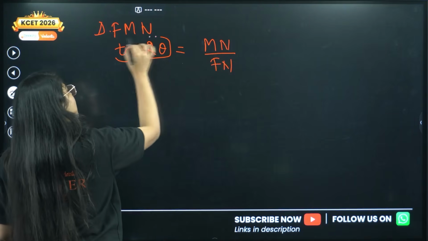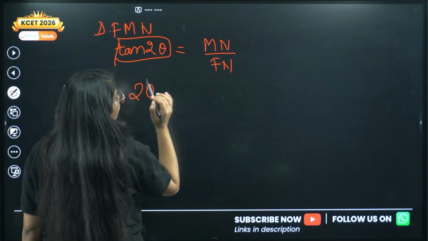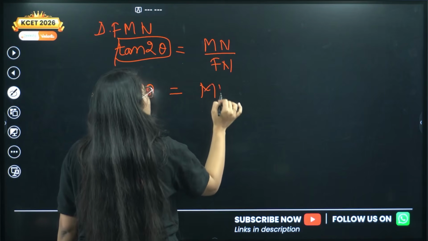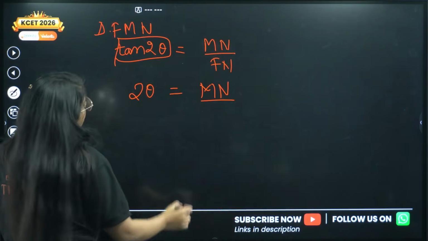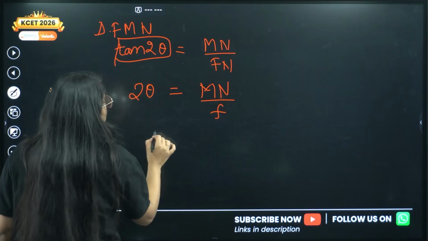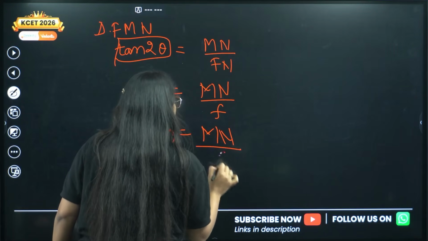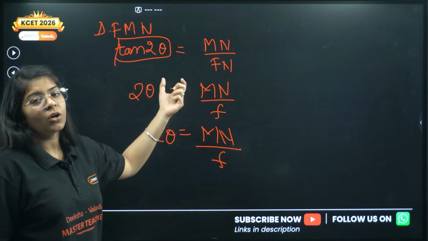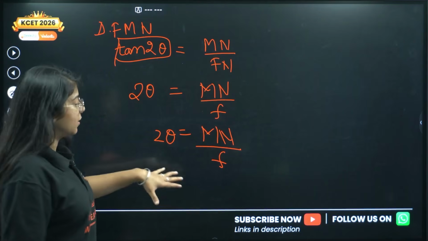Since 2 theta is again very small, we can easily write 2 theta equals MN divided by F, that is focal length. Even if you take the negative sign or not, it won't make any difference in our final calculation. Okay.